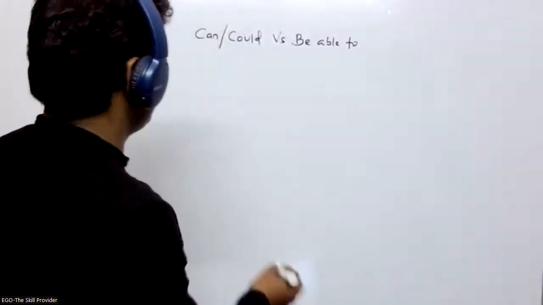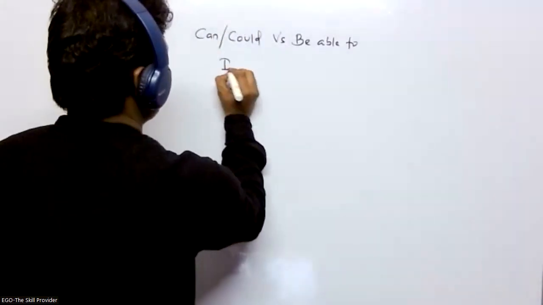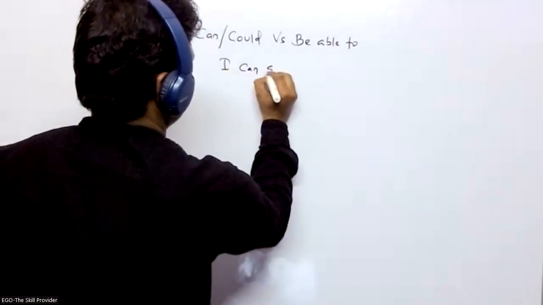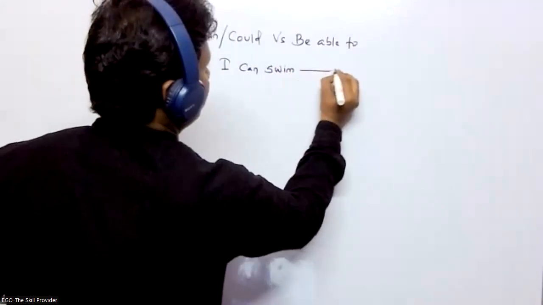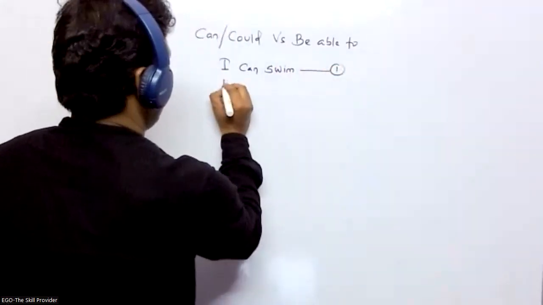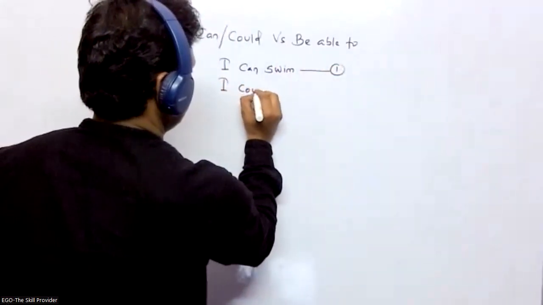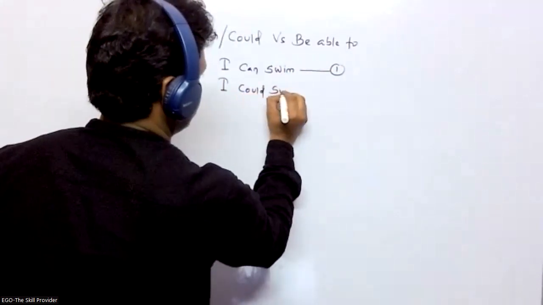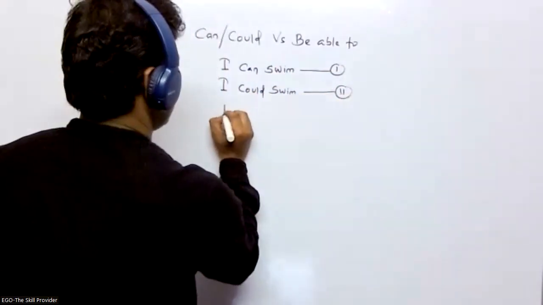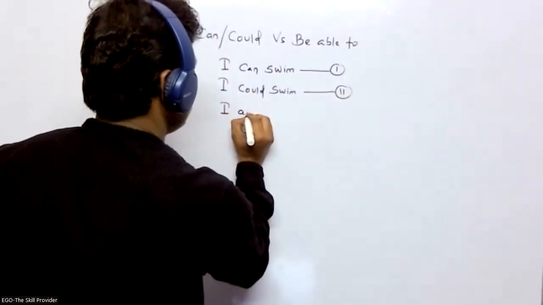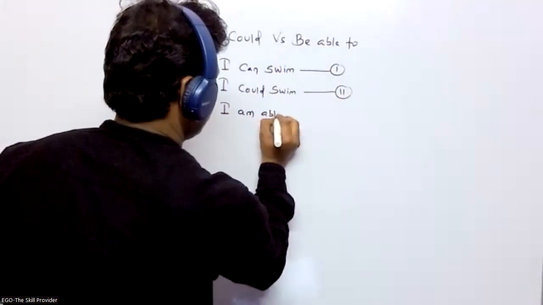Let me give an example. Suppose I can swim. This is my first example. I could swim. This is my second example. I am able to swim.